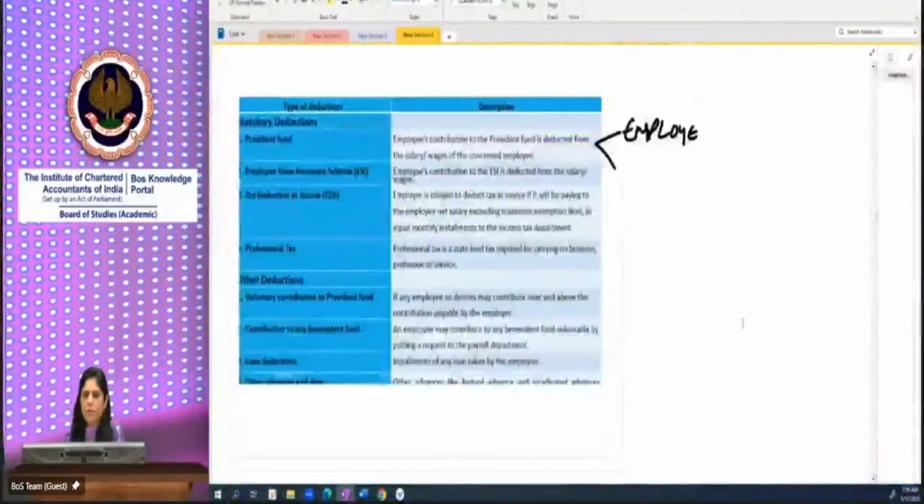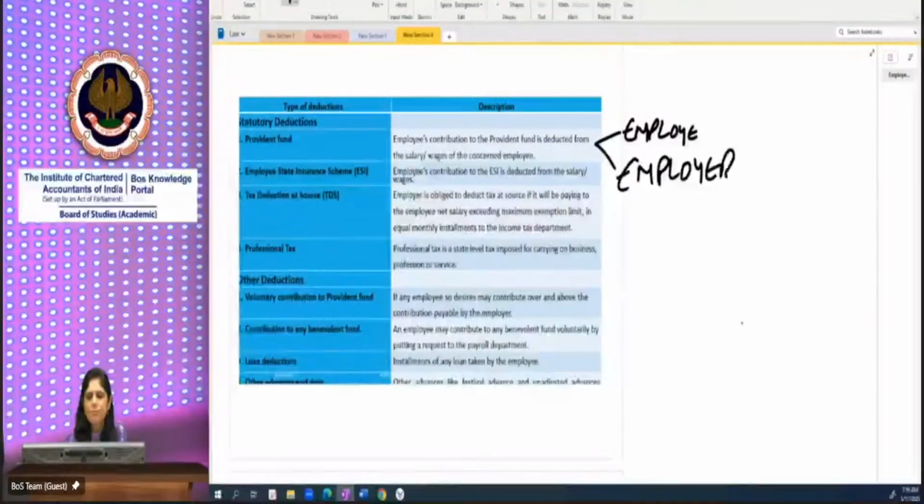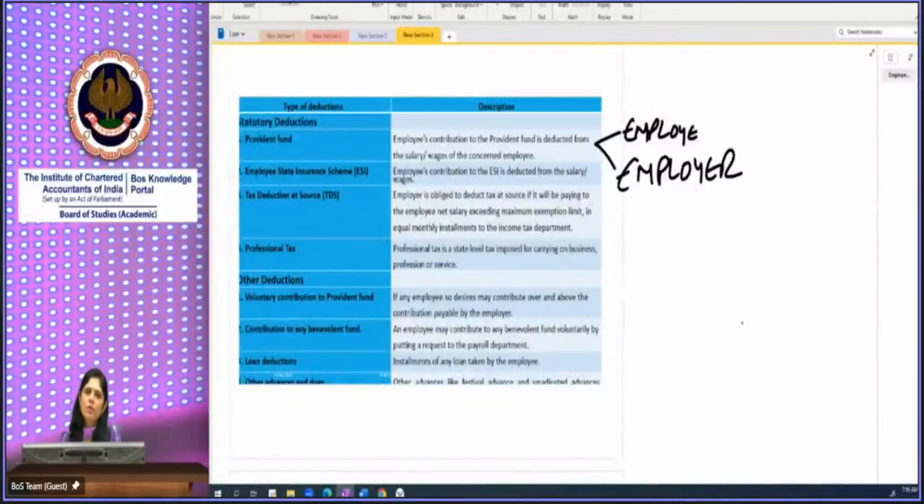So both the employer and employee contribute to the provident fund. The employee contribution is deducted. Clear? And what's the difference between employee and employer? I'll just explain.